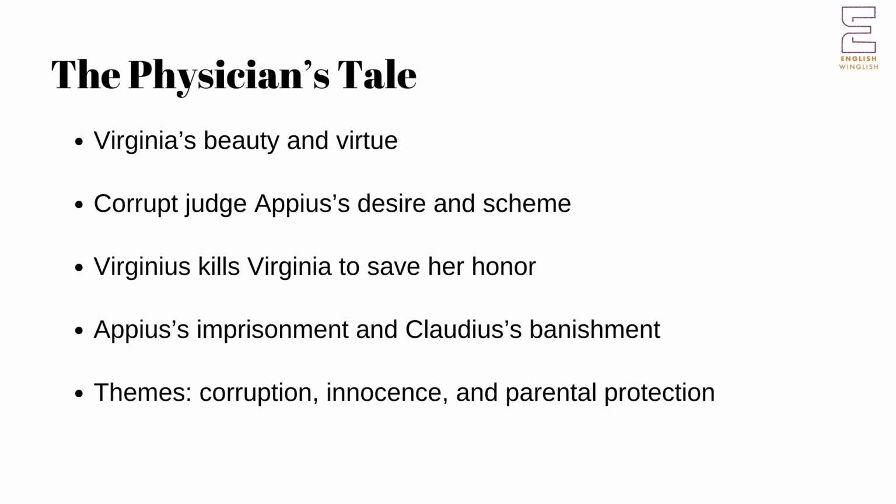However, the townspeople revolt, leading to Appius's imprisonment and Claudius's banishment. The tale explores themes of corruption, innocence, and the harsh consequences of maintaining virtue in a morally compromised world. It highlights the fragility of justice and the extremes parents might go to protect their children.